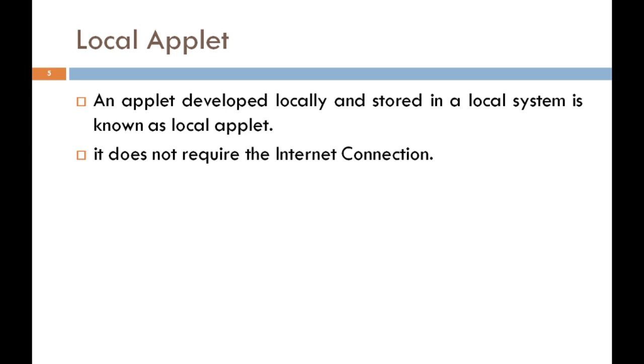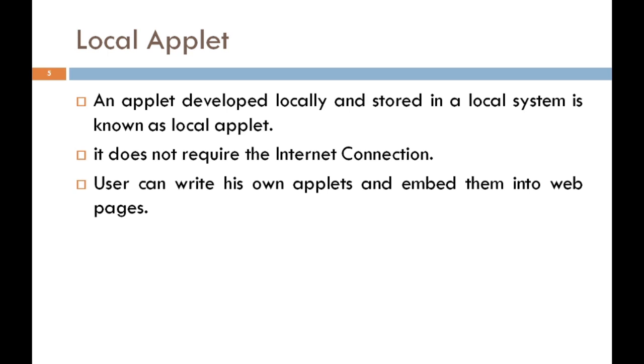It simply searches the directory which is stored in the local system and locates and loads the specified applet. User can write his own applet and embed them into web pages. So this is about the local applet in Java.